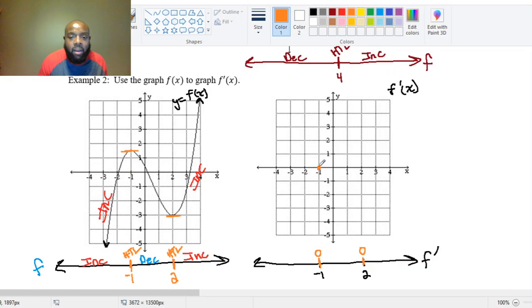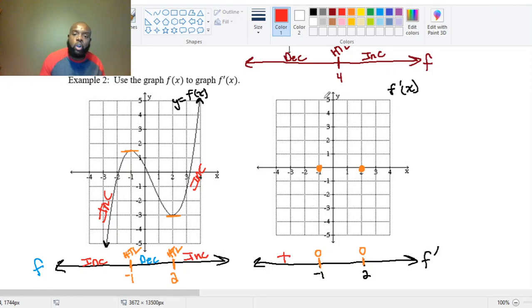That means my graph crosses the x-axis at those points. All right. So those are points that I know for a fact. Now I'm going to go to this interval from -infinity to -1. My function is increasing. Well, when the function is increasing, the derivative is positive. That means the y values are positive.